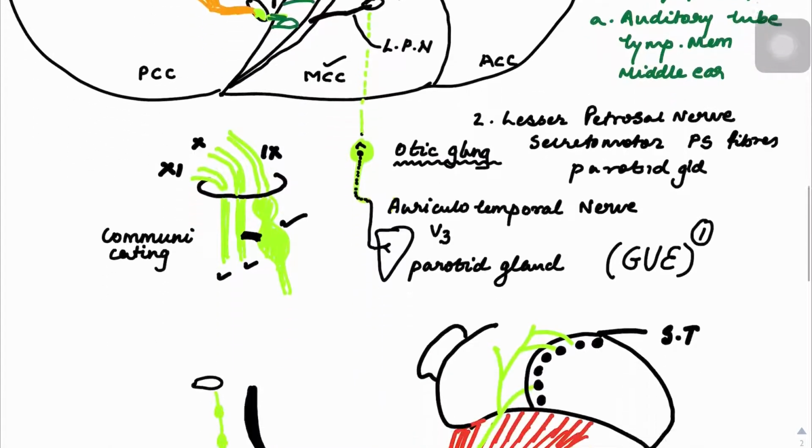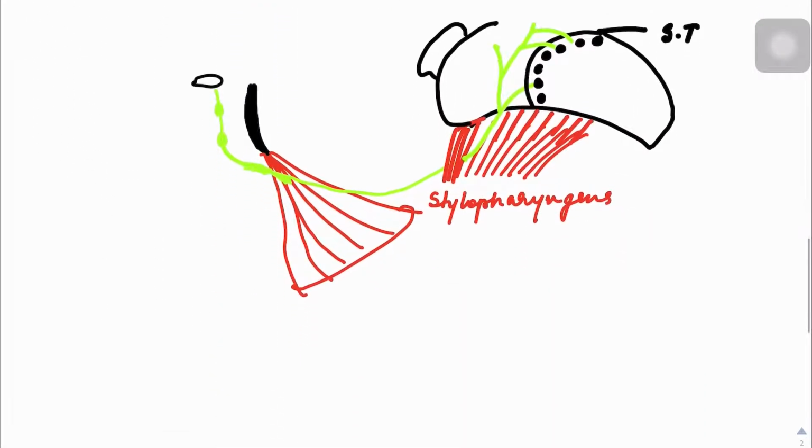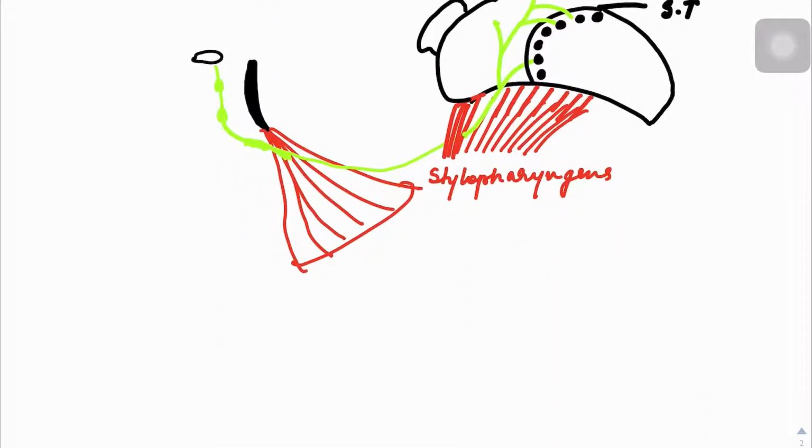After it has come down below the jugular foramen, it will lie close to the styloid process.